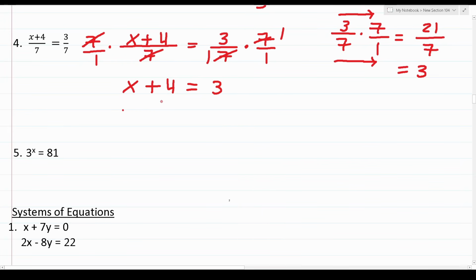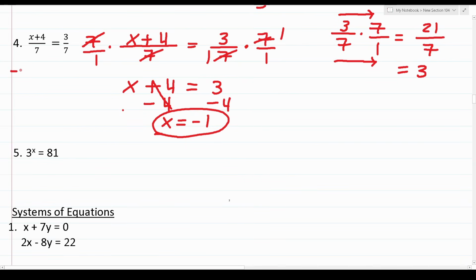Now we're just solving for x, which means we're going to try to get x by itself by subtracting 4 from both sides. This crosses out, leaving us with x equals 3 minus 4, which is negative 1. All right, so in this case, it might be helpful to quickly check your answer, and you can do that by plugging in negative 1 for x in our original equation.